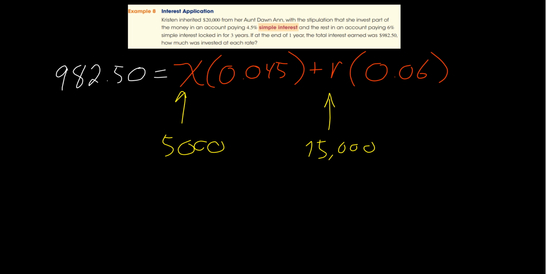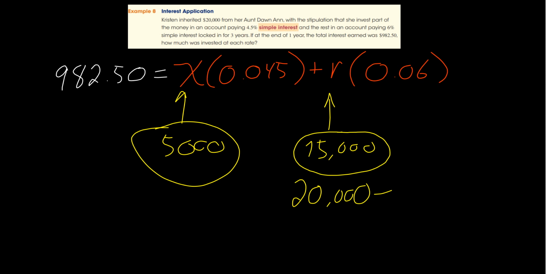Okay, so if she invested $5,000, the rest would be $15,000. How else can we think about that? Well, we could think about this as 20,000 minus 5,000, right? So what we're going to do is we can write this as 20,000 minus X. Does that make sense?